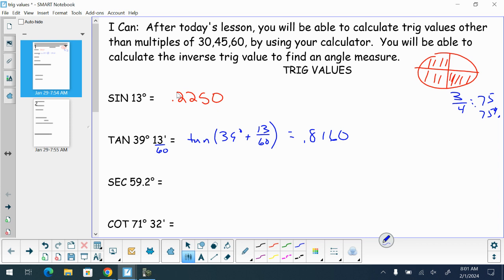Because we have properties of reciprocal functions. The cosecant of theta is defined as 1 over the sine of theta. The secant of theta is 1 over the cosine of theta.